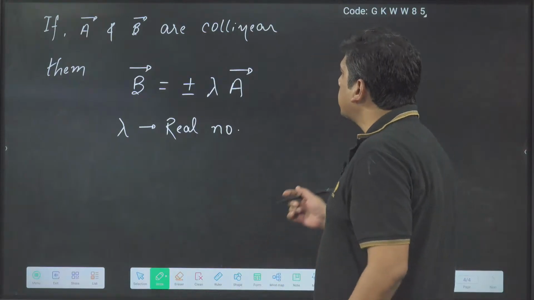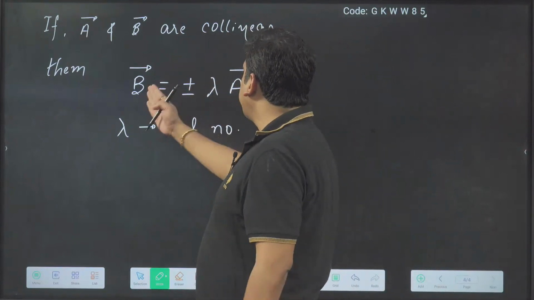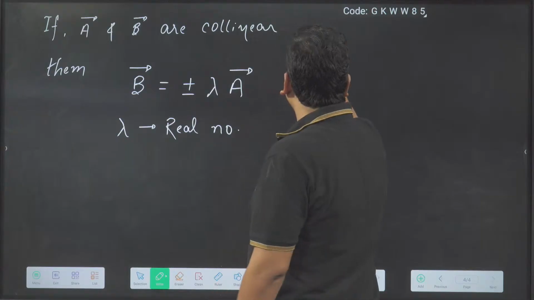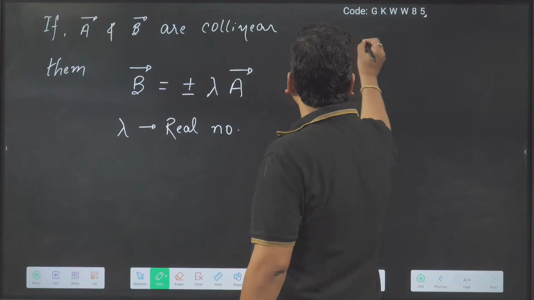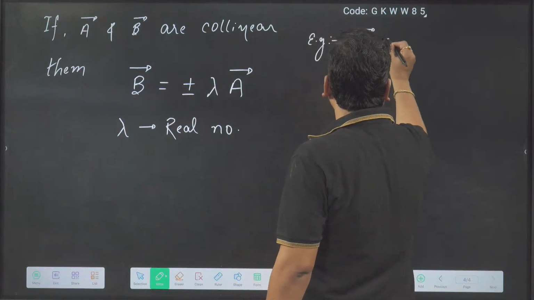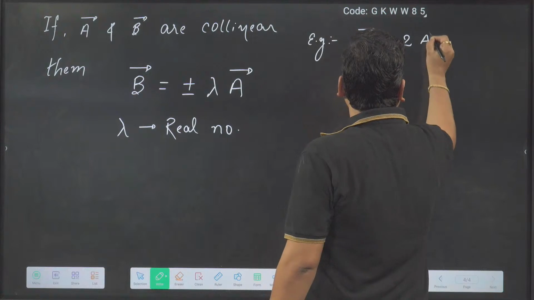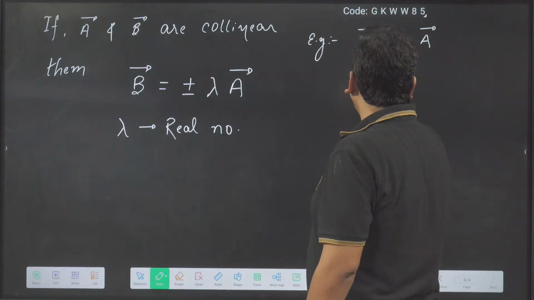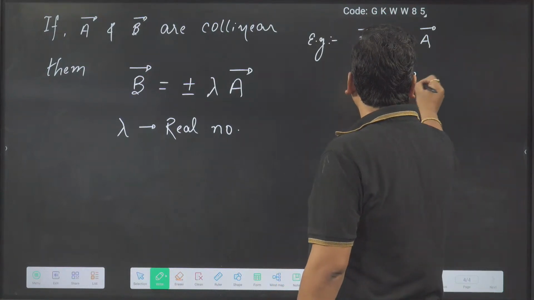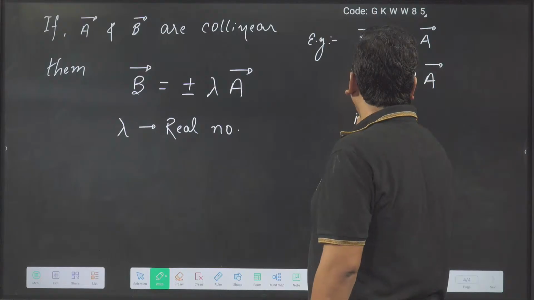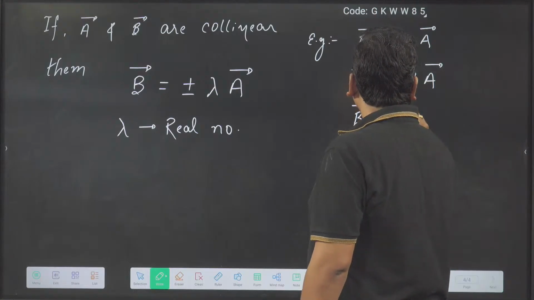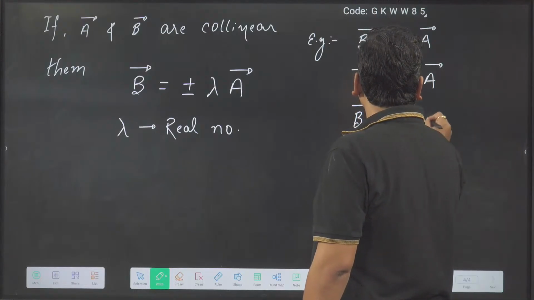So if two vectors are collinear, then they should be related like this. I can give you an example. Let's say B vector is 2 times A vector. B vector is minus 3 times A vector. B vector is 1 by 3 times A vector.